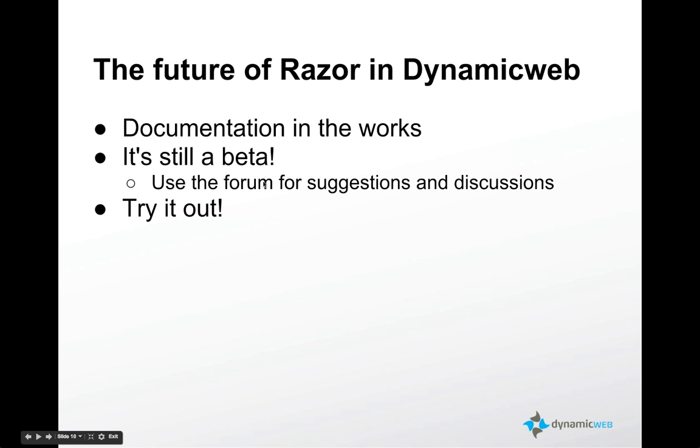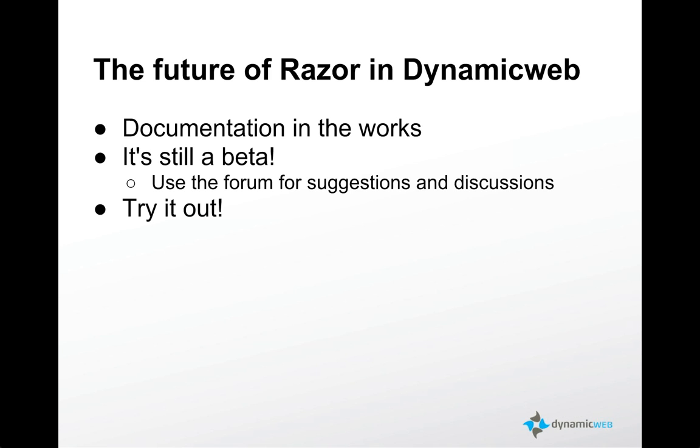And as mentioned, this Razor support in Dynamicweb is a beta release, and there are some issues that we need to resolve. And when you start playing around with it, you may find some other issues or some feature requests that you have. And our documentation on Razor in Dynamicweb is in the works, and it should be available within a week or so.